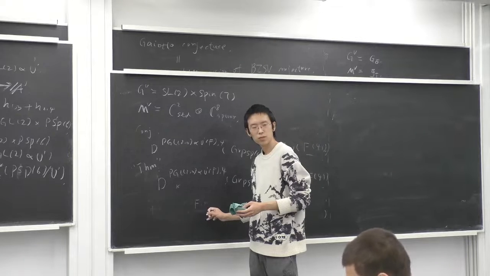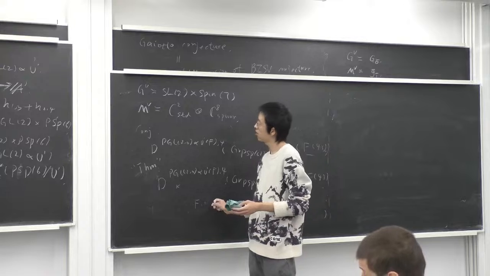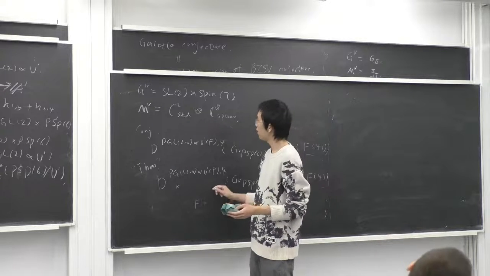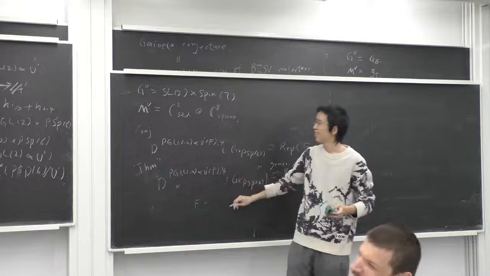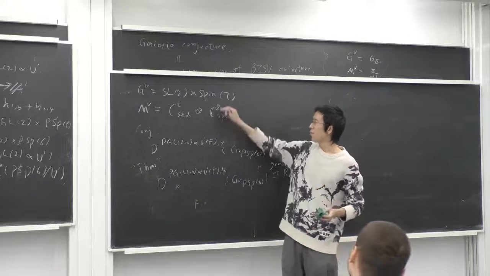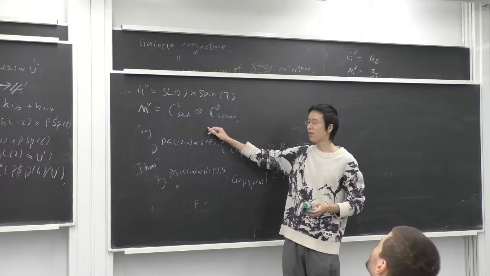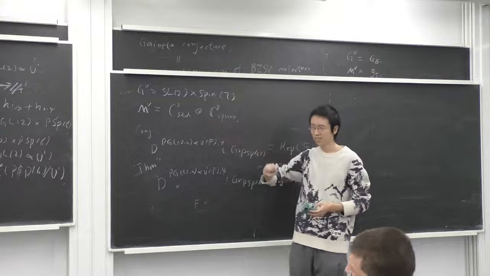Roman just said that for F4, its even part is this, and the odd part of the Lie algebra is this.